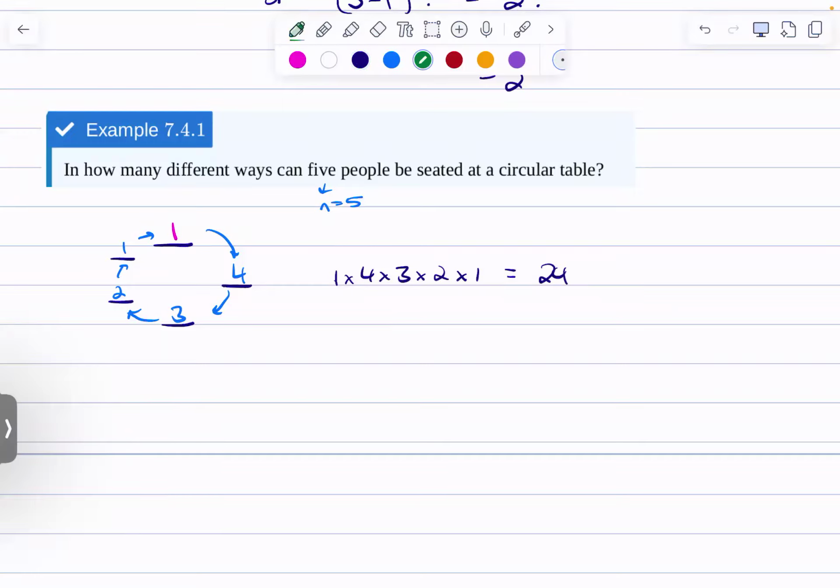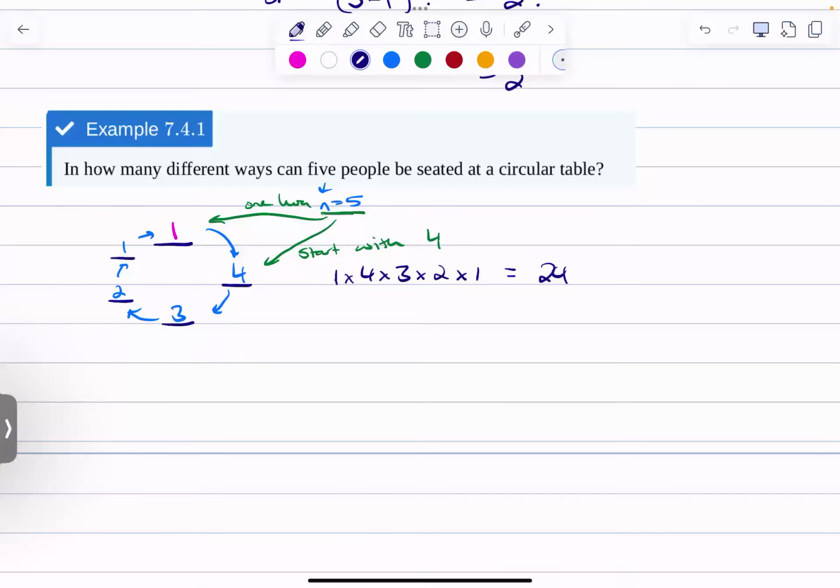Because we've already used this 5, right? 1 goes here, and then start with 4. Or if you prefer, or if you remember it, n minus 1 factorial.